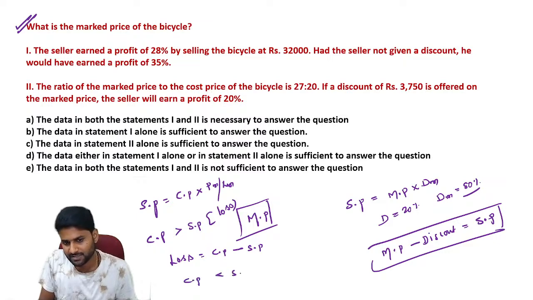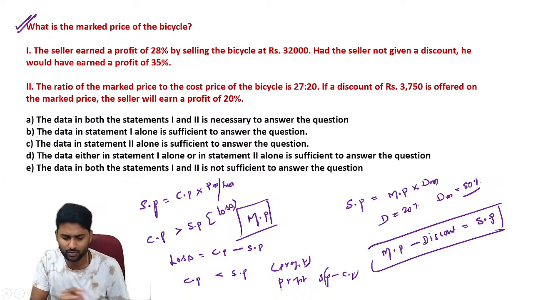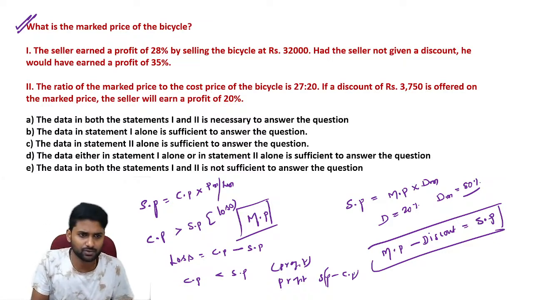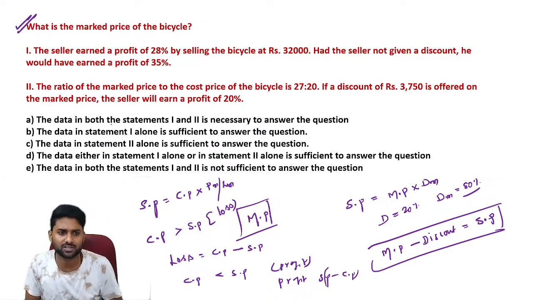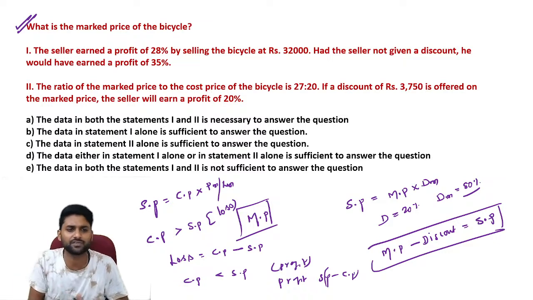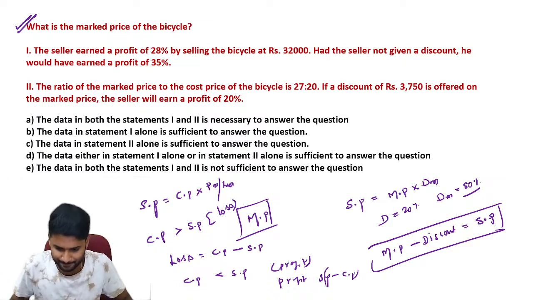If cost price is less than selling price, definitely it is a profit, so profit is selling price minus cost price. You have to know this information, and try to solve this question and post your answer in the comment section. Which of the data is sufficient to get the market price of this basket?